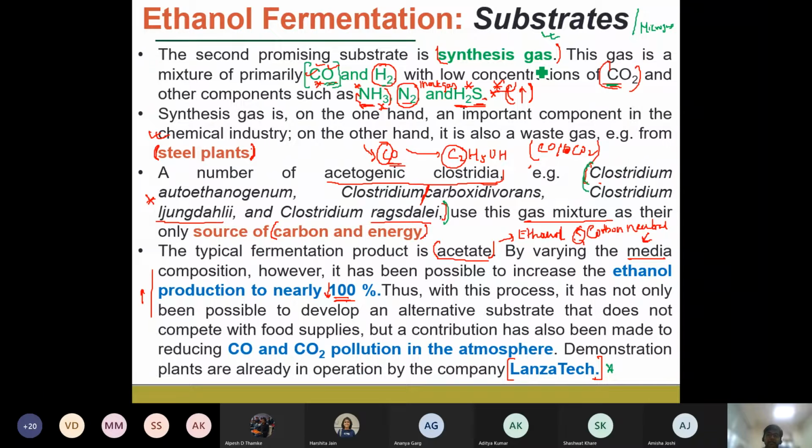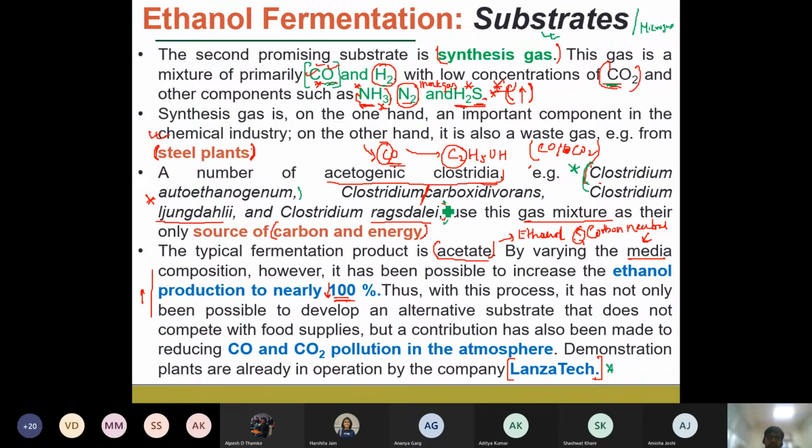What if we can use those emissions, which are known to cause global warming, directly for the conversion to ethanol? It was found to be very successful. Some of the microorganisms are Clostridium autoethanogenum, Clostridium carboxidivorans, Clostridium ljungdahlii, and Clostridium ragsdalei.